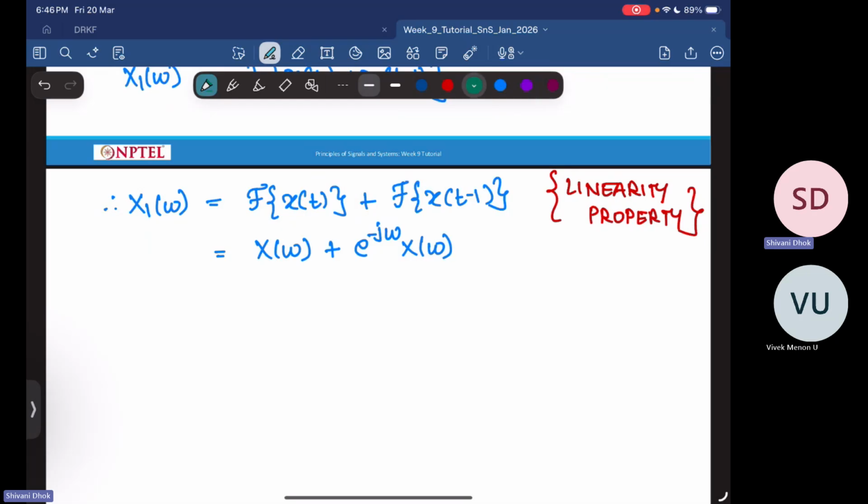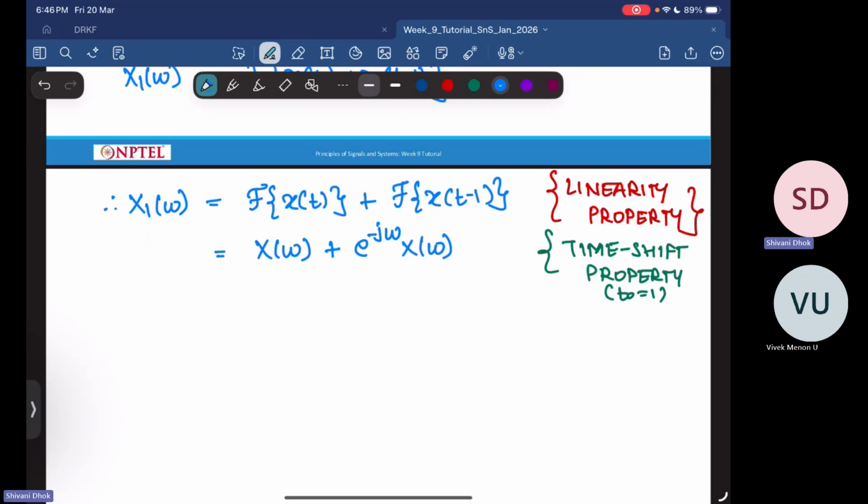This comes from which property? This comes from the time shift property, with t naught equal to 1. These properties you need to keep in mind, otherwise it will become very difficult for you to understand what is happening.